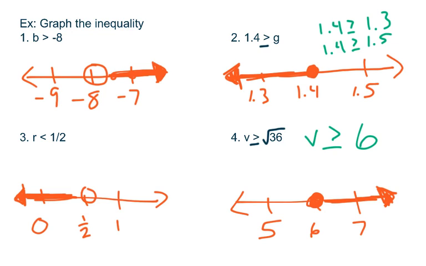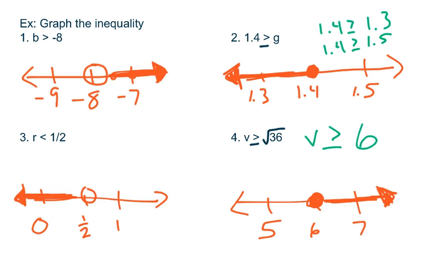Now, let me point something out here. If your variable is on the left, like 1, 3, and 4 were, notice how this sign is pointing to the right, and the arrow goes to the right. This sign was pointing to the left, and the arrow was pointing to the left. This sign pointing to the right, this arrow pointing to the right.